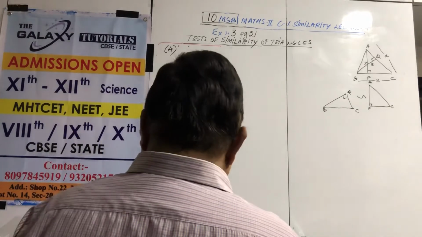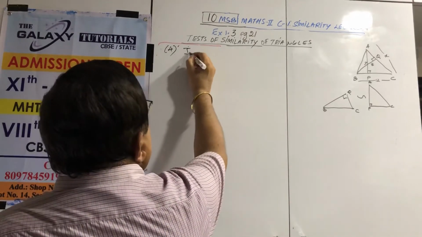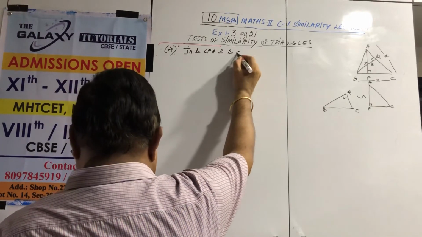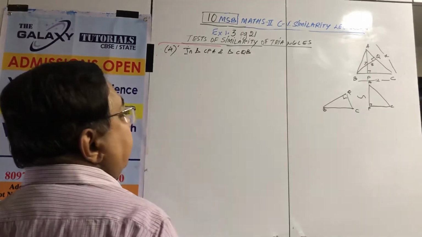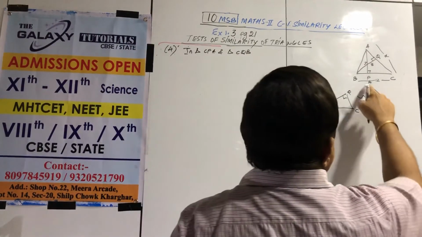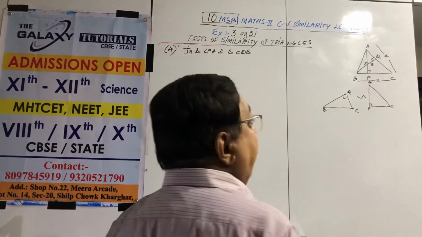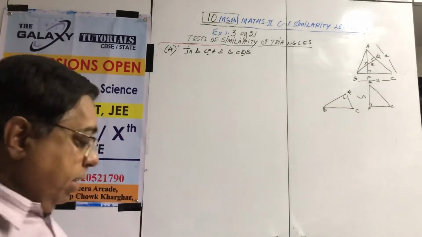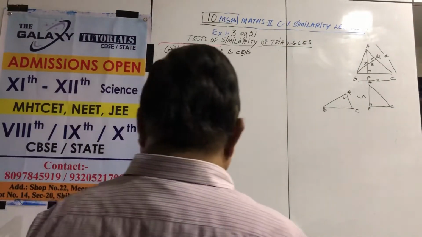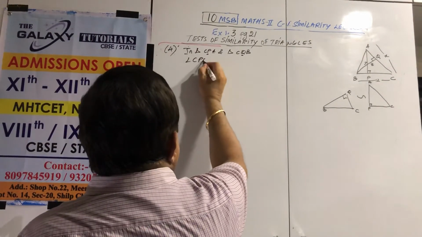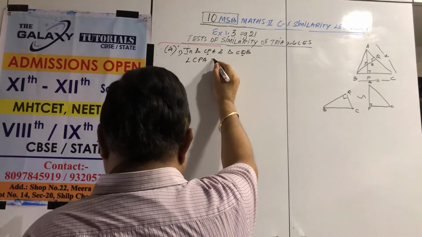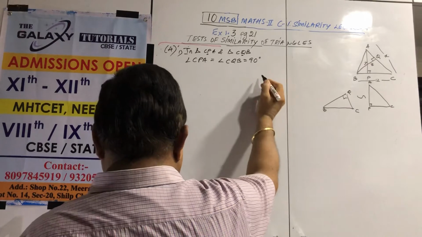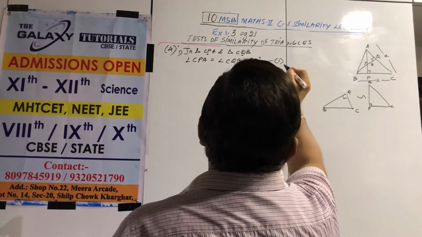Let us start. Then, in triangle CPA and triangle CQB, getting the right angles in the middle. Be careful. In these two triangles, angle CPA is equal to angle CQB, 90 degrees. Number 1, this is given.